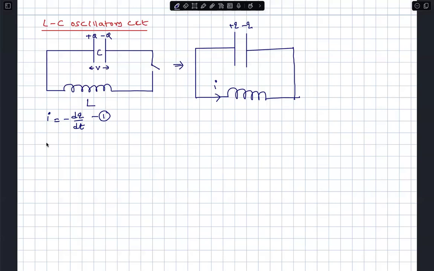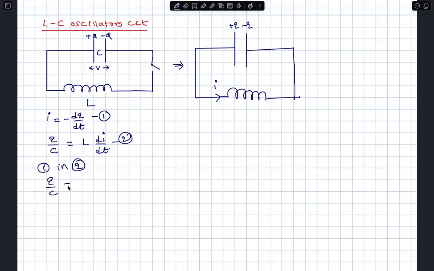And also, at any instant, the drop across the inductor is L di by dt, equation 2. Now, see, di by dt, now use 1.